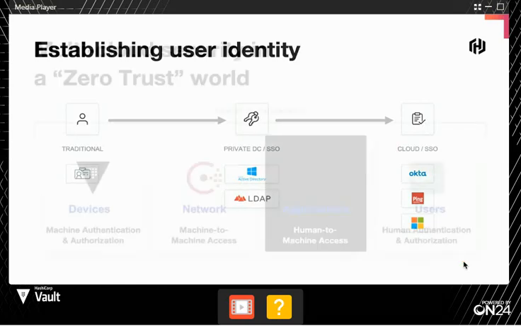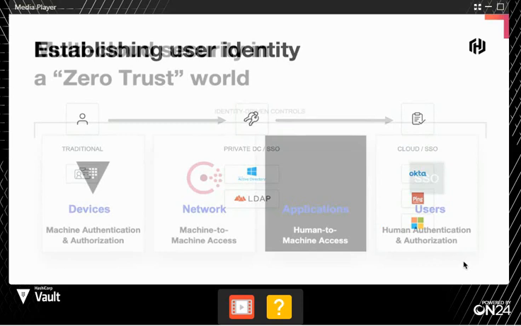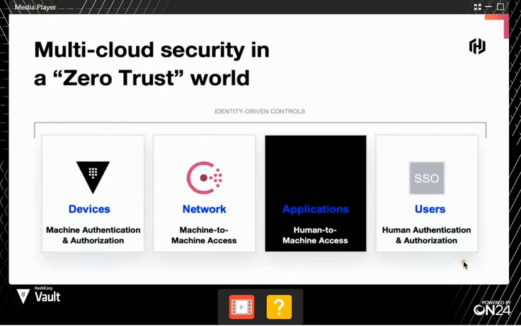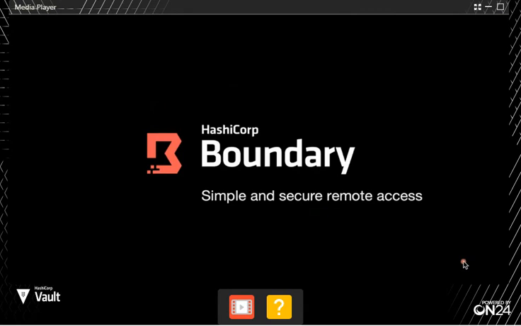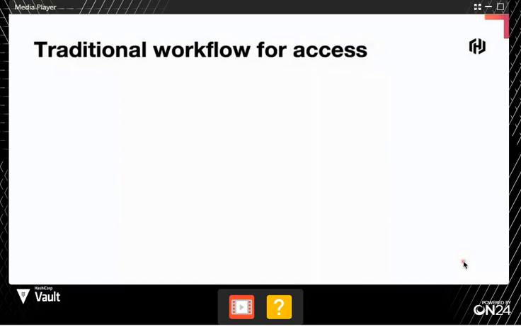So again, reuse what's there, don't reinvent the wheel, and a lot of the solutions we offer will automatically integrate into them. So let's talk about the next challenge, right? The next pillar here, and that's applications. Basically, humans to machines or humans to applications, right? And this is where Boundary comes in. So Boundary is all about simple and secure remote access solutions.